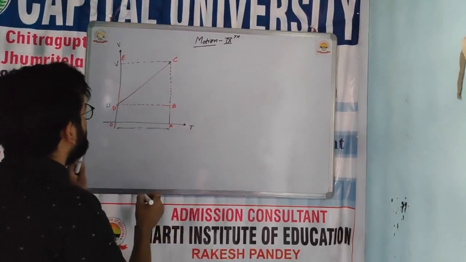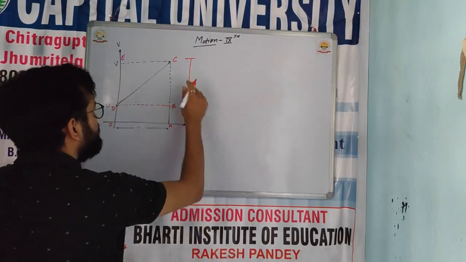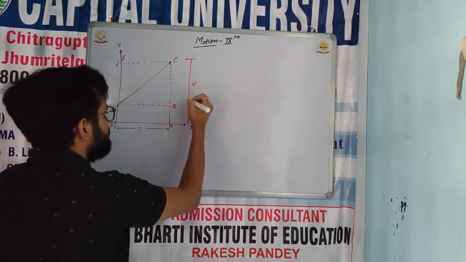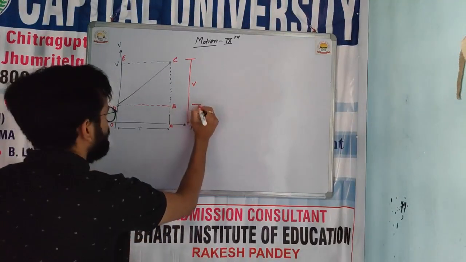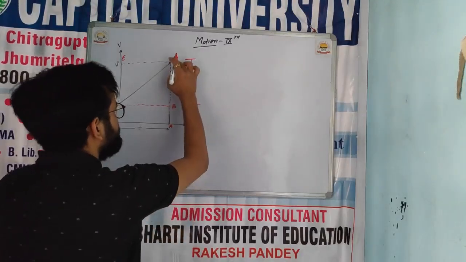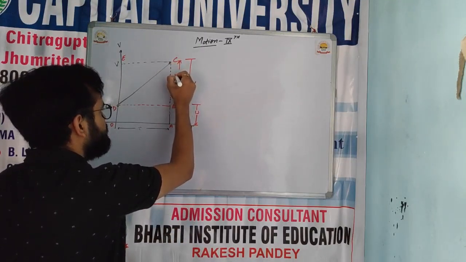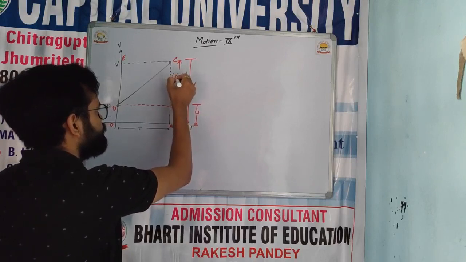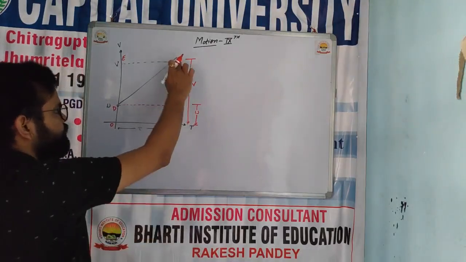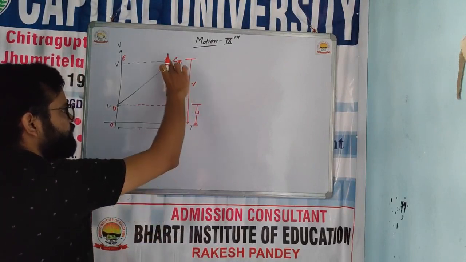Now we can find the value from here. Origin to A it is V, and from origin to D it is U. So we can write here the value or distance between B and C, it is V minus U. Clear? From total, this AB subtracted, which is U, we got BC.